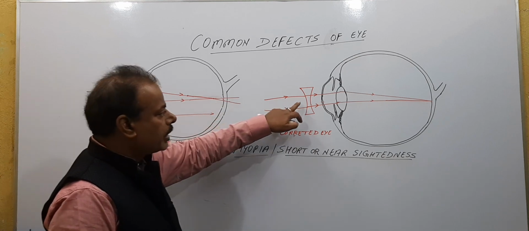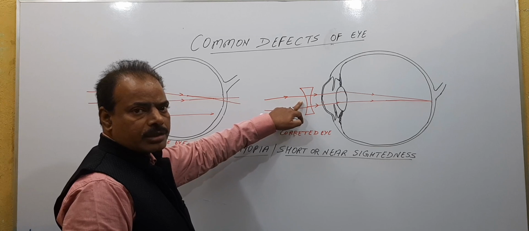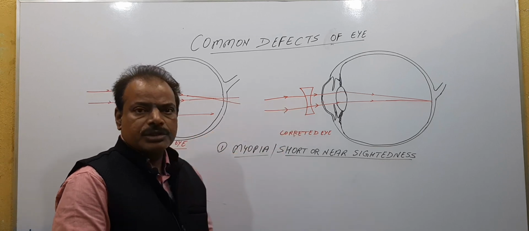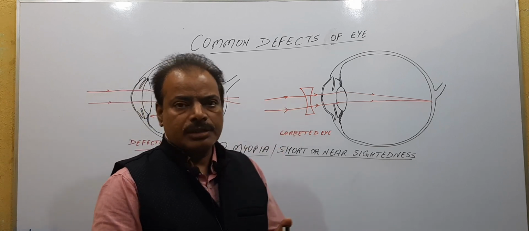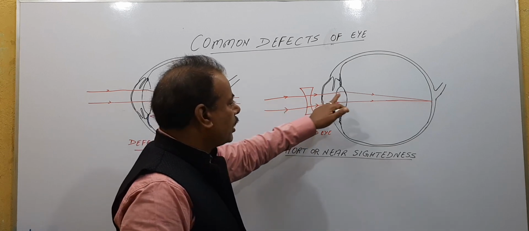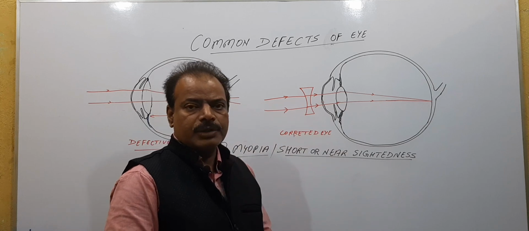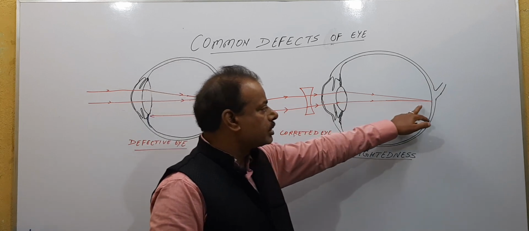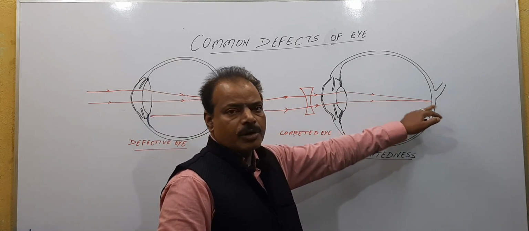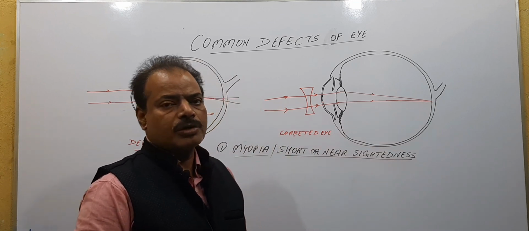It can be corrected by using a biconcave lens, so that at first it diverges the light, and then when it falls on the eye lens, again it converges, and finally the image formation takes place on the yellow spot of the retina.